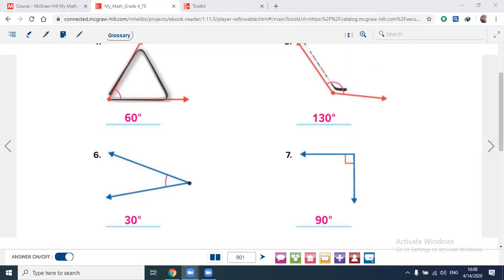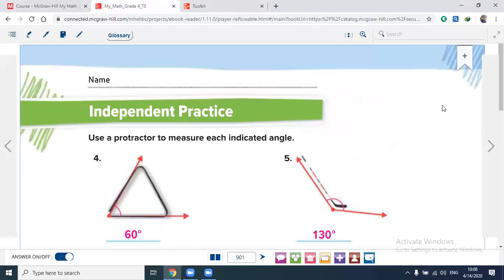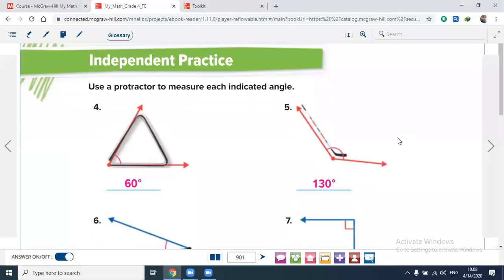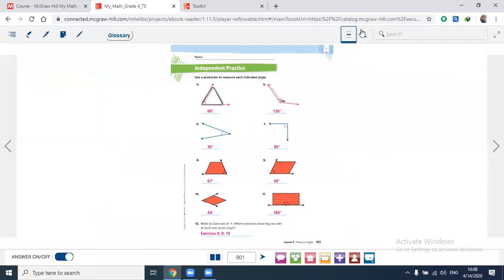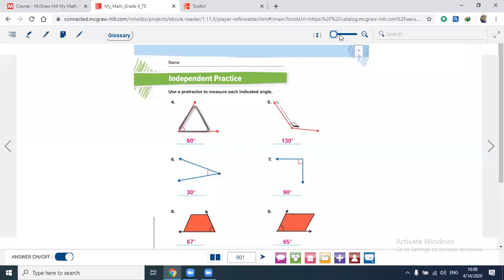Okay, watch the video again. Teacher, the school website doesn't work. I don't know about this. I tried to tell the administration many times, and we solve it, and then the problem comes again.